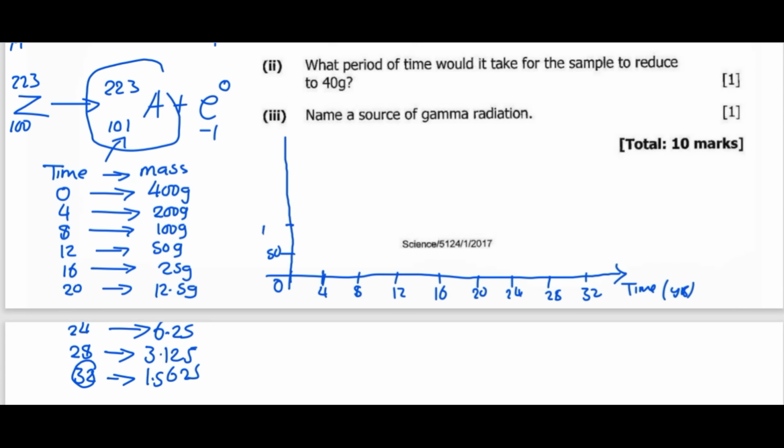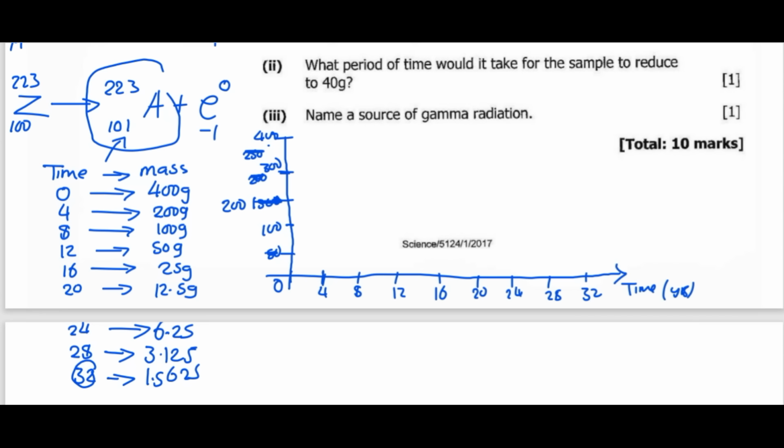So 50, 100, 150, 200, then 250, can this fit? 250, 300, okay, let's just say 100, this is 200, then here we'll say 300, then here we are going to have 400. So on the y-axis we'll just say 2 centimeters represent 100. On the x-axis we'll say 2 centimeters represent 4.